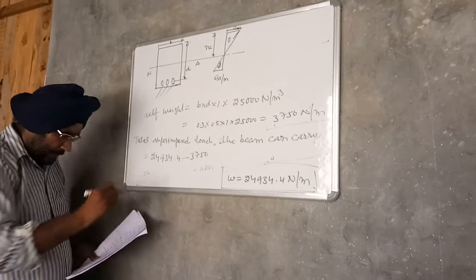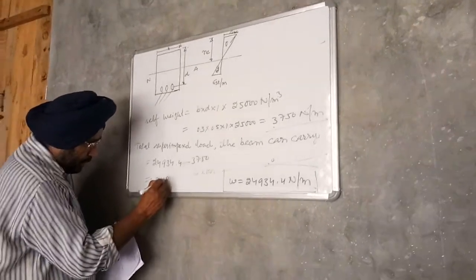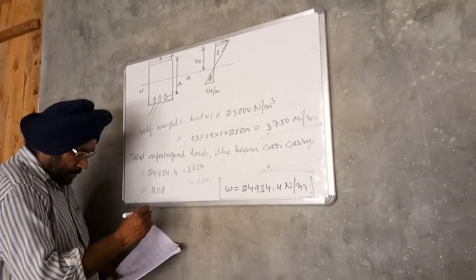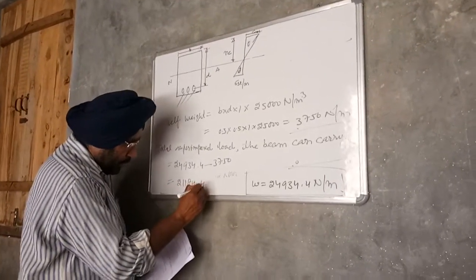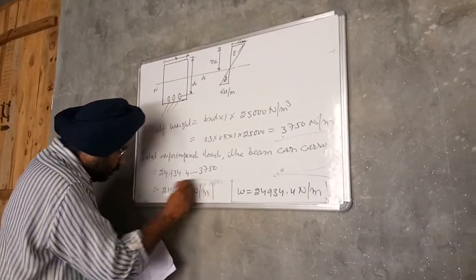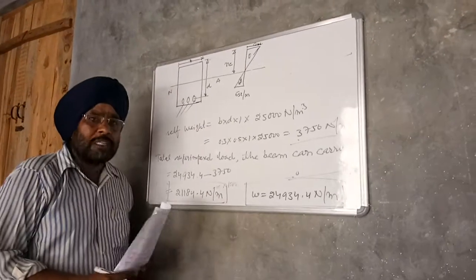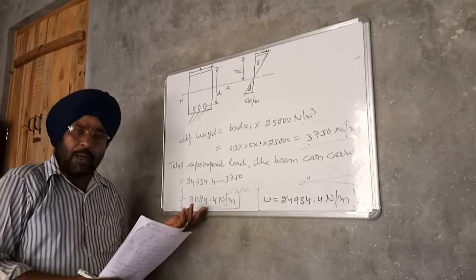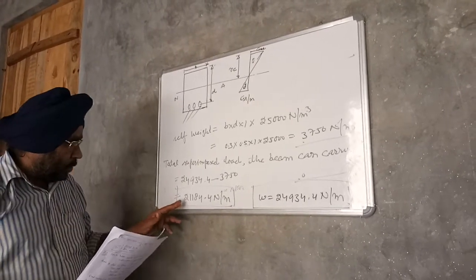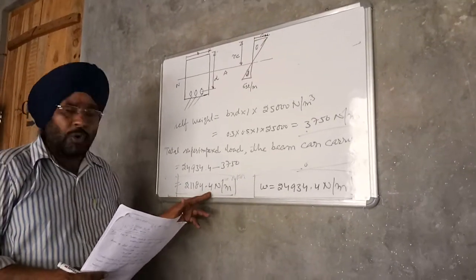So the value is 21184.4 Newton per meter. This is the superimposed load excluding self weight. Total superimposed load excluding self weight the beam can carry is 21184.4 Newton per meter.